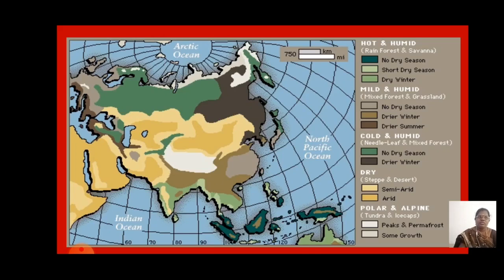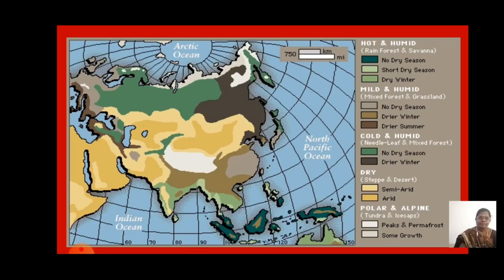The west coastal fringe of Asia along the Mediterranean Sea receives rainfall in winter and is hot in summer. Among the deserts along the western parts of Asia, the major hot deserts are the Arabian desert, located in Saudi Arabia, and the Thar desert in India and Pakistan.